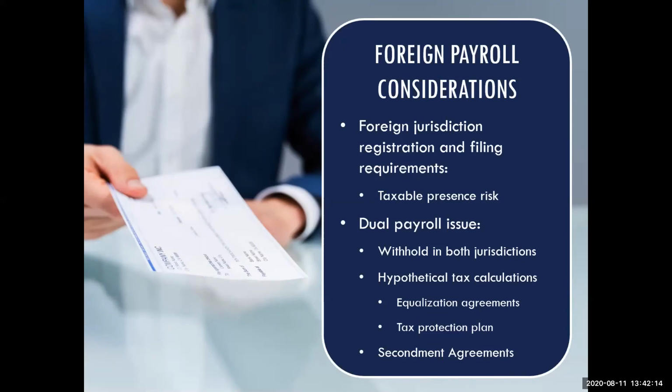And you might want to incentivize them into taking that assignment, so you would set up a hypothetical tax calculation to, at the end of the day, make them whole and make them a payment so that they're not paying additional tax. The other option too is that if there is another legal entity, you could enter into a secondment agreement with the other entity, whether it be related party or not, where they essentially take your employee on for a time period, and they are put on the local payroll there, and that can also have some benefits just depending on what the issues are on the foreign assignment.